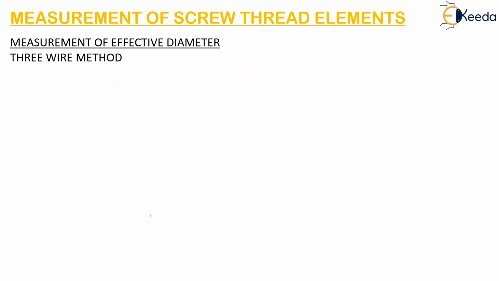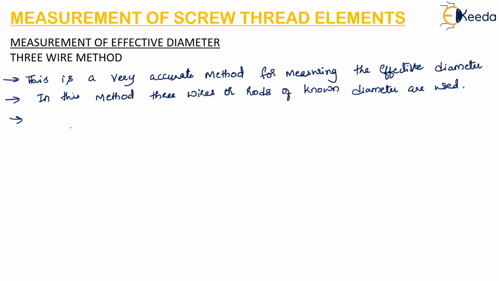The next method is the three-wire method. This is a very accurate method for measuring the effective diameter. In this method, three wires or rods of known diameter are used. How are we going to place these rods? One on one side and two on the other side.